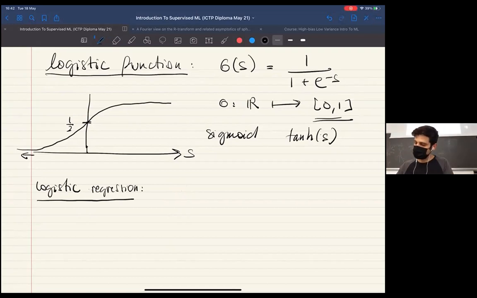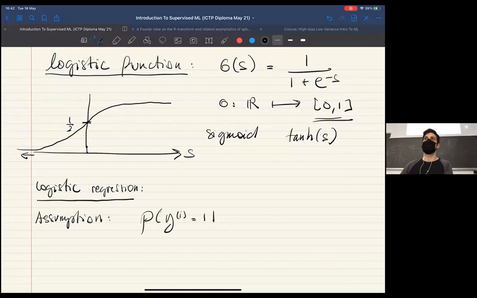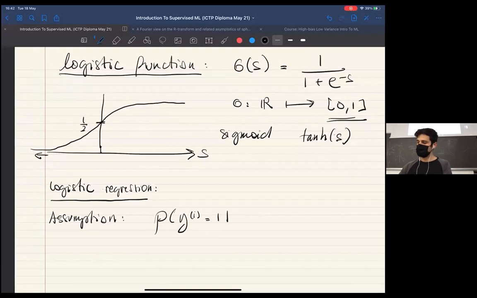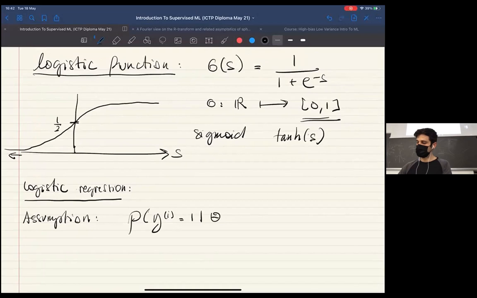We will assume, by assumption, our model is that the probability that the label yi, let's say, is 1, given the parameters of our model, which is a vector of coefficients theta and, of course, an input sample xi, will be the logistic function applied to the inner product between our classifier and the sample.